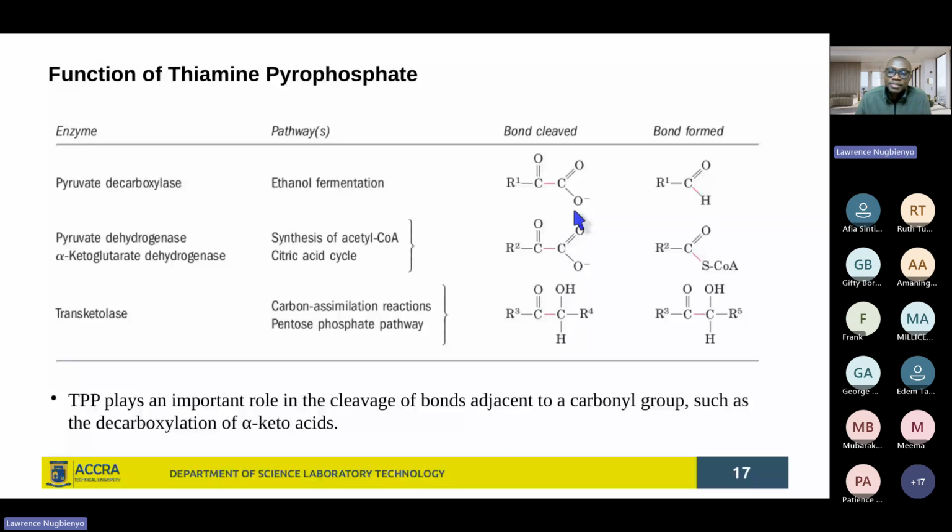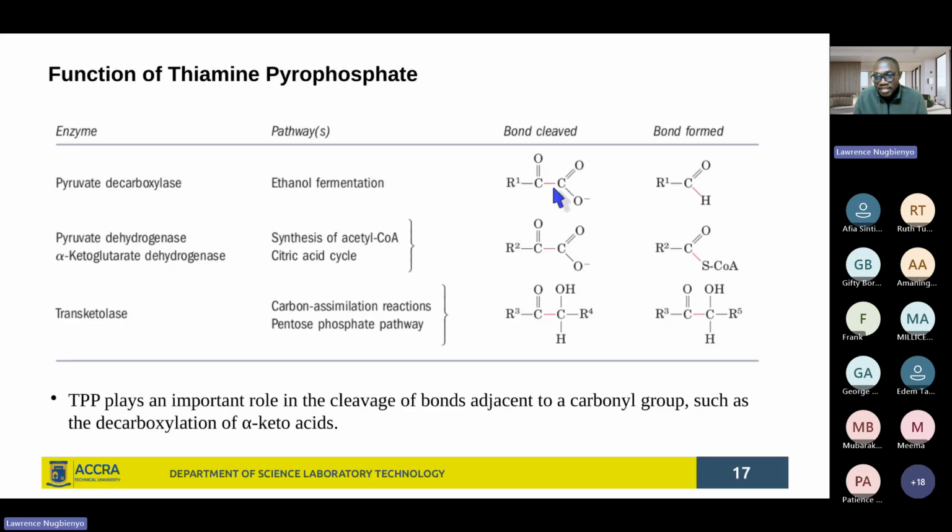Actually, that carboxyl group is what you see as CO2, carbon dioxide, released as a byproduct of metabolic processes.